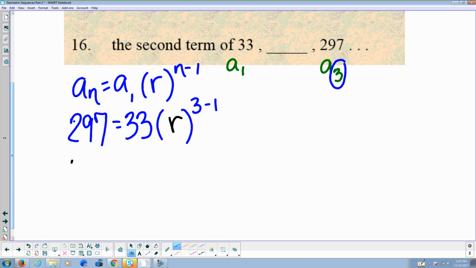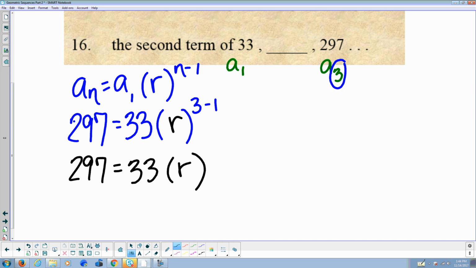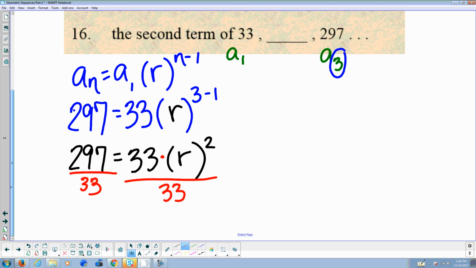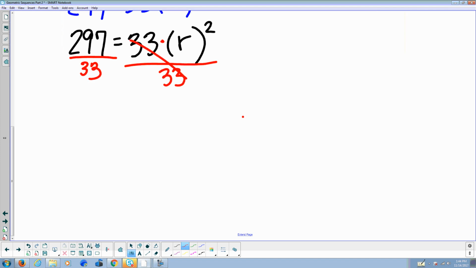That gives us 297 is equal to 33 times R to the 3 minus 1. We simplify that expression to be 2. And then we think about the fact that 33 is being multiplied by R squared. So to undo multiplication, we divide both sides by 33 and cancel using division.